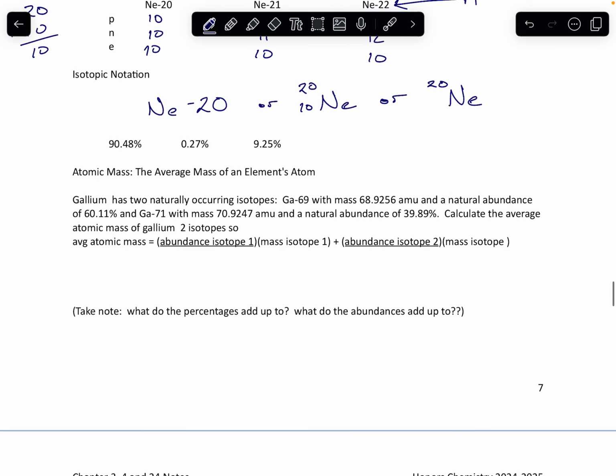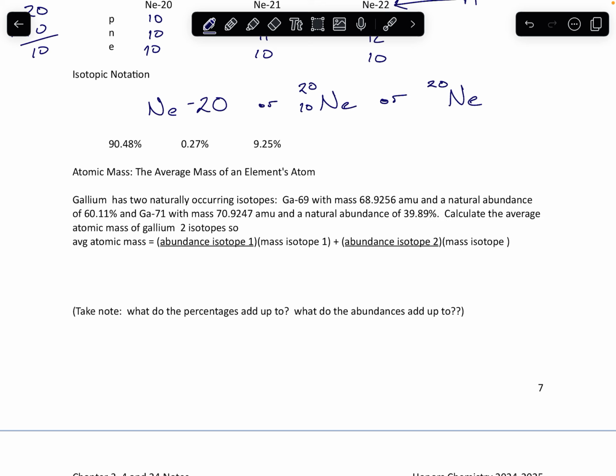Now, if you look at the periodic table, you'll note that those masses at the bottom of each element's square all have decimal places. So do we have only parts of protons and parts of neutrons? No, that doesn't happen.